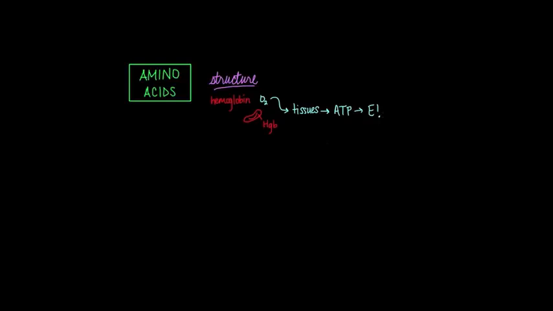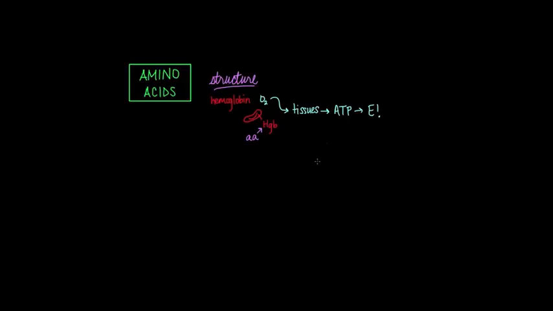So now, where do amino acids fit into all of this? Well, amino acids are the building blocks of this hemoglobin protein. Without amino acids, this entire vitally important process wouldn't be able to occur.